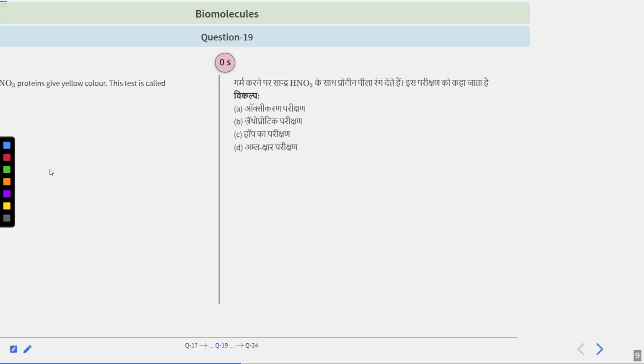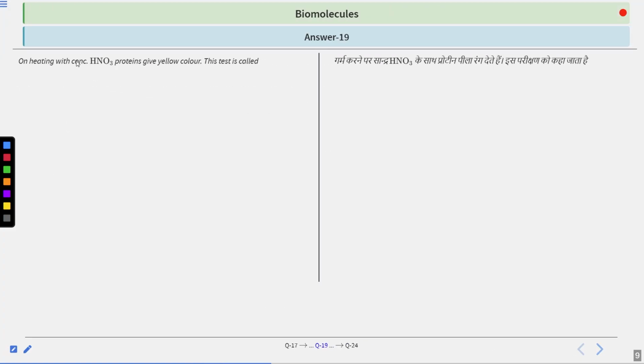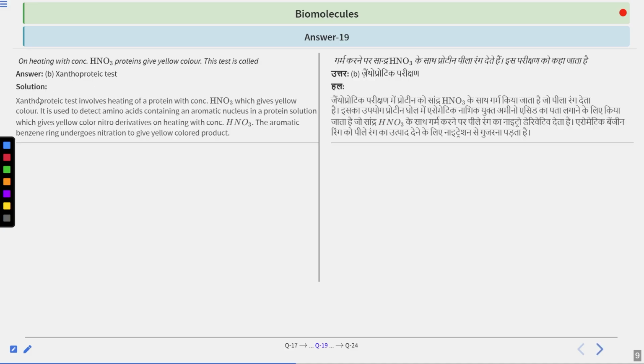Okay, let's see. The correct answer for the given question is option B, that is xanthoproteic test. The xanthoproteic test involves heating a protein with concentrated HNO3, which gives a yellow color. It is used to detect amino acids containing an aromatic nucleus in a protein solution, which give yellow colored derivatives on heating with concentrated nitric acid.